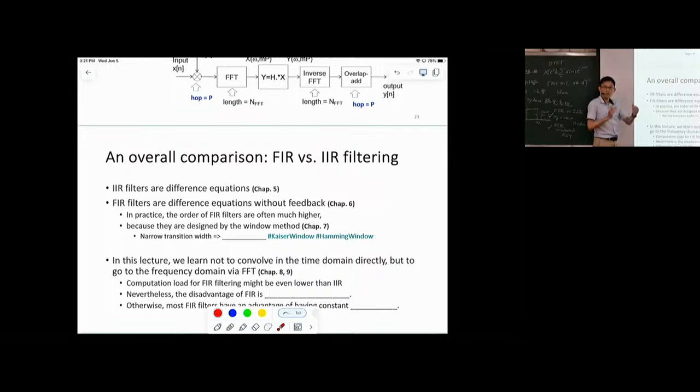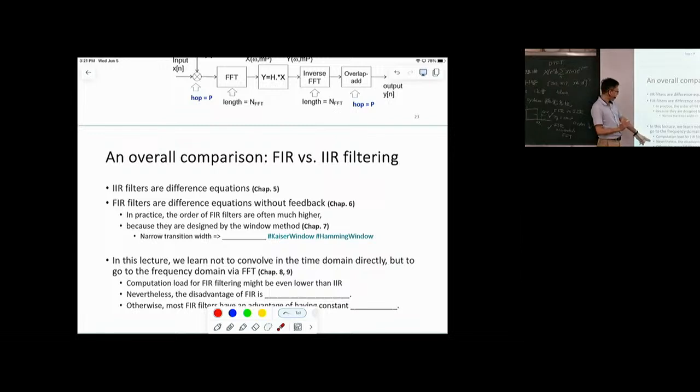For a long filter, you can accelerate many times, simply because log 2 N is much smaller than N. So the FIR filter now might be the winner. It has constant group delay, and thanks to FFT, it can even be made faster than IIR.